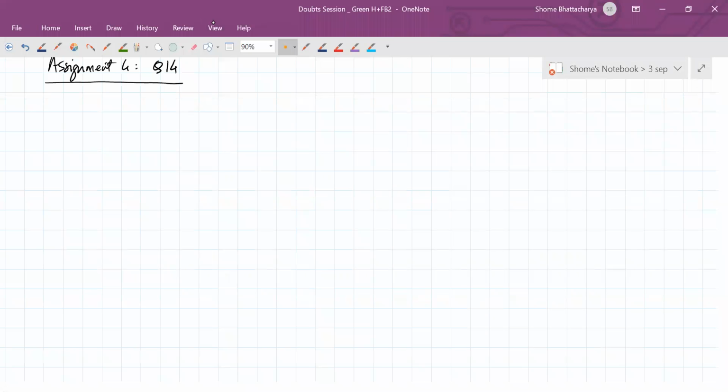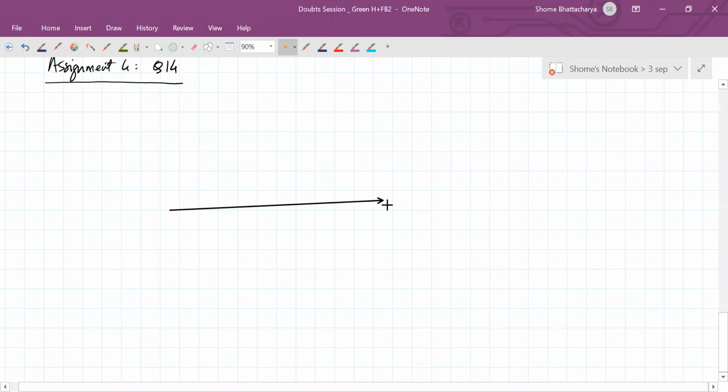In this question, we start by first of all defining our coordinate frame in terms of the geographical directions.